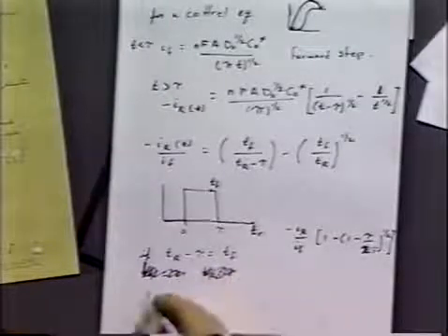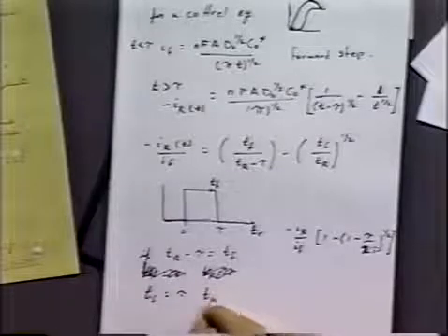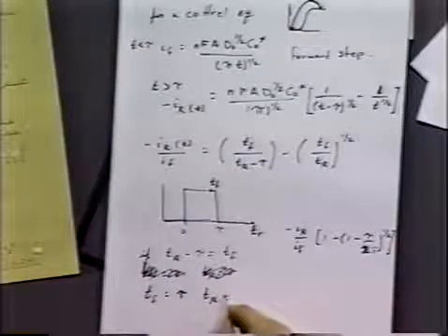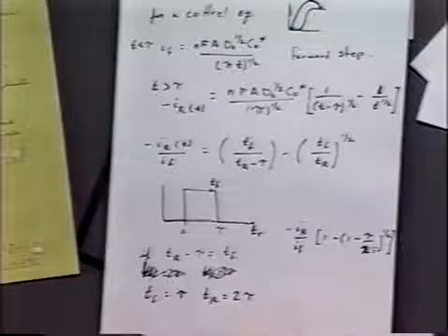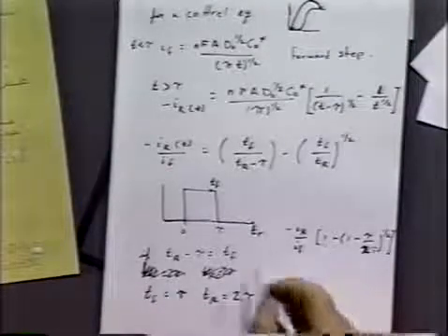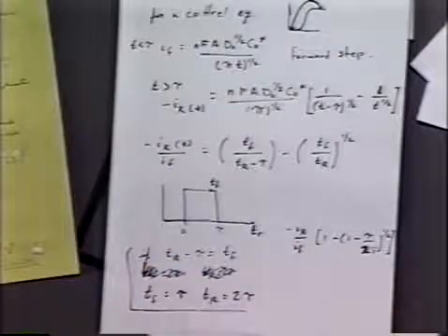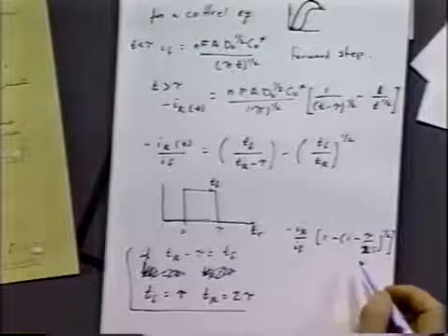Let's try that again. So T sub f is equal to tau, T sub r equal to 2 tau. All right, and under these conditions, I should have made that condition clear. Under both of those conditions, we get this result.